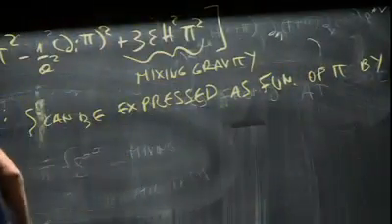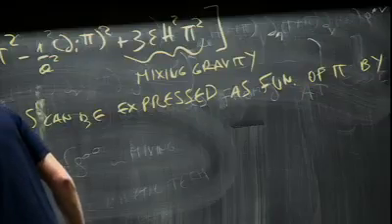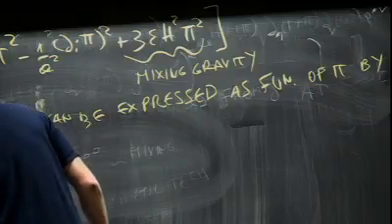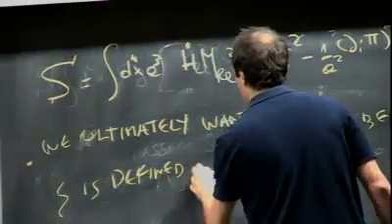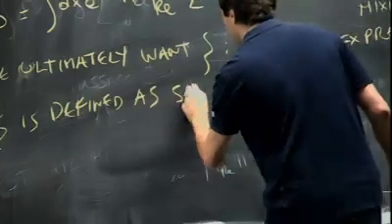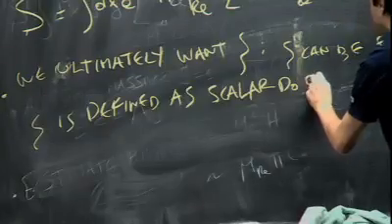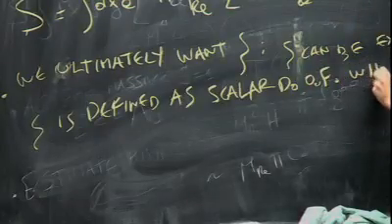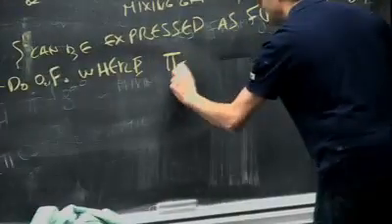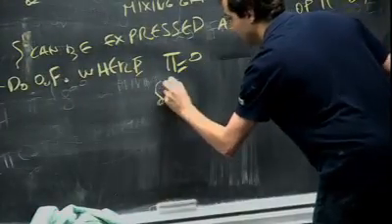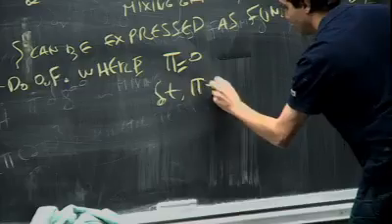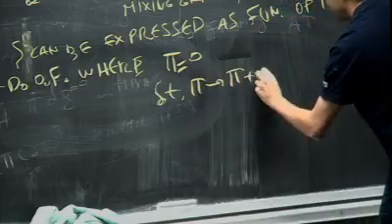Zeta is defined in the gauge as the scalar degrees of freedom where pi has been set to 0 by a gauge transformation. We can do this with a delta t transformation because pi goes into pi plus delta t.